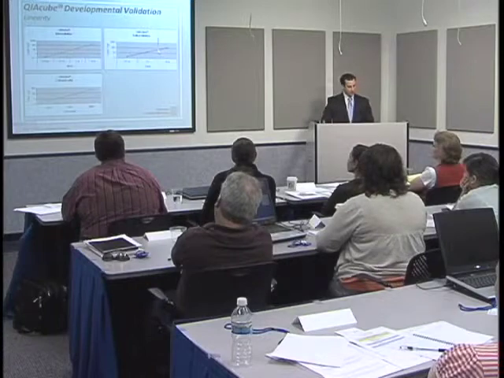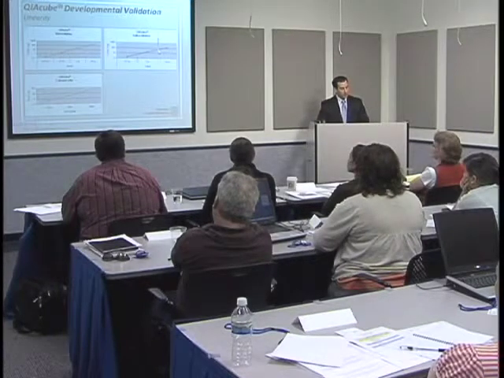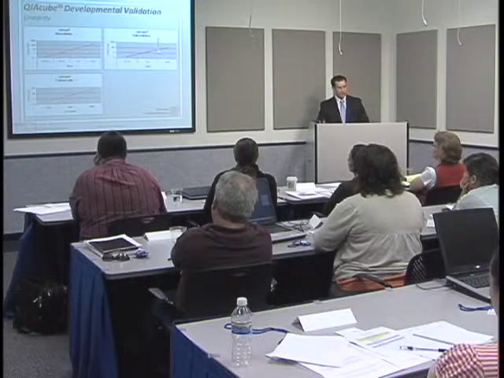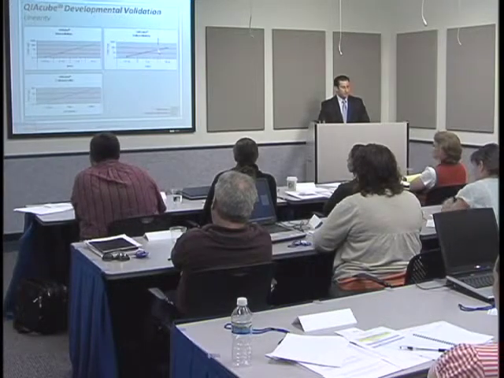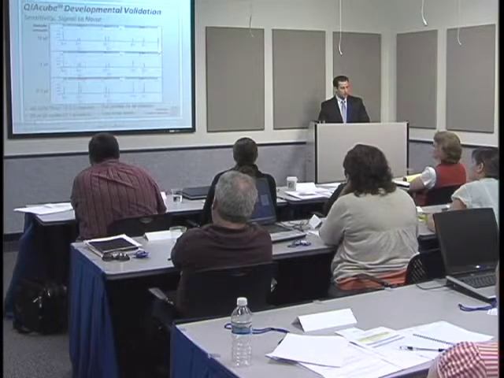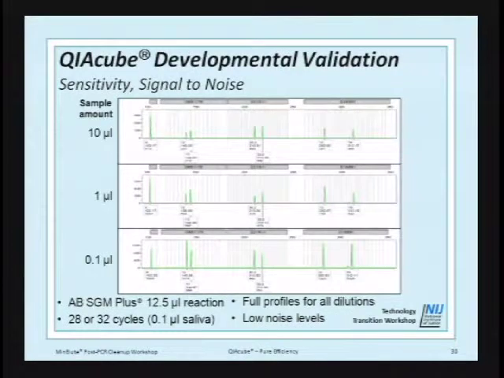So we can see with the 3 different sample types with varying input material, there's linearity with your yield. And as far as sensitivity, signal to noise, everything looks good, going down to 0.1 microliters. Full profiles for all the dilutions, low noise levels.